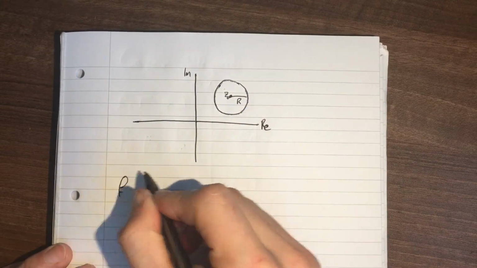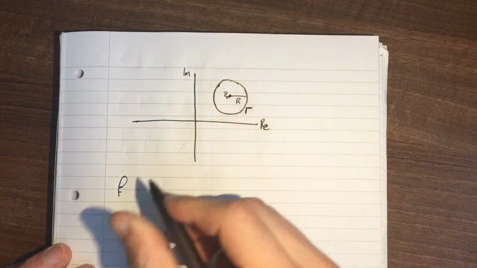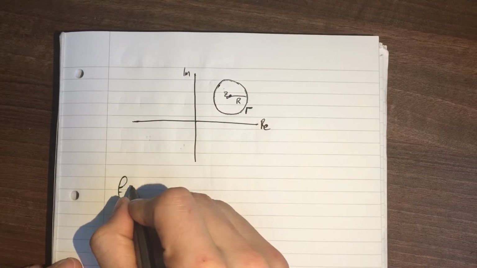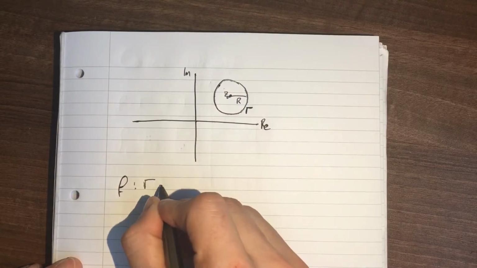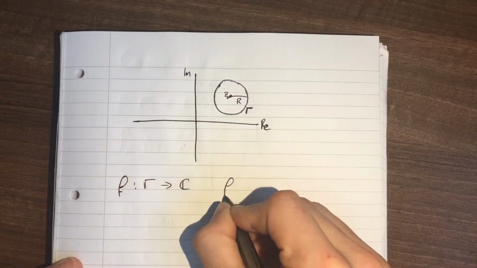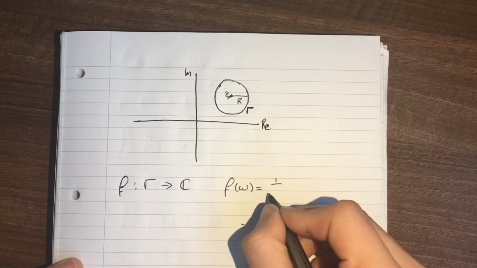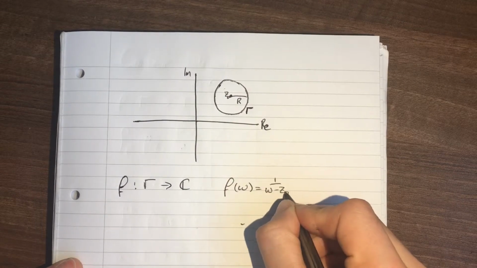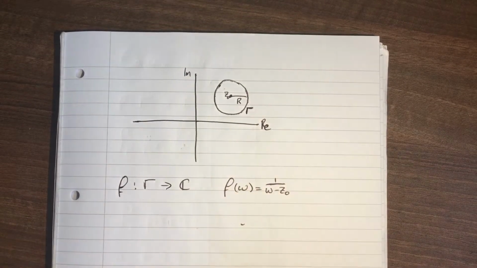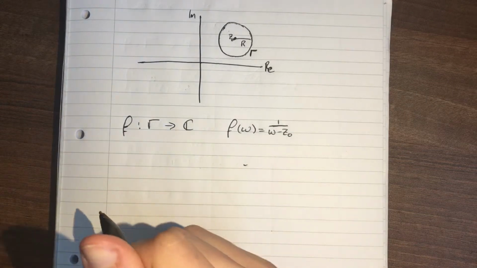And let's say we'll call this gamma, and f, which goes from gamma to the complex plane, where f of w equals 1 over w minus z0. And this is going to be an important example for the future, so it's going to be really good to do this now and to have a good idea of how it comes about.